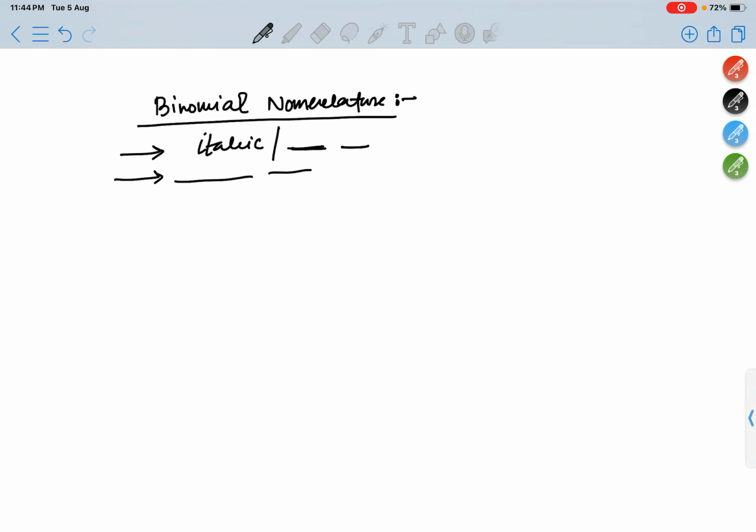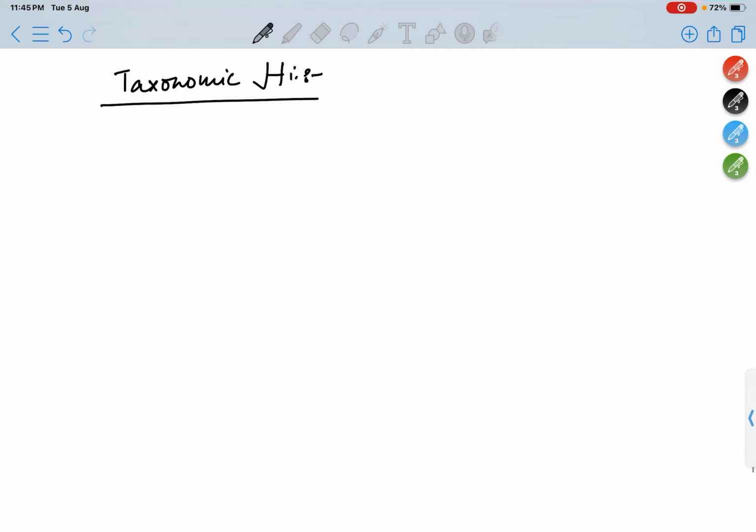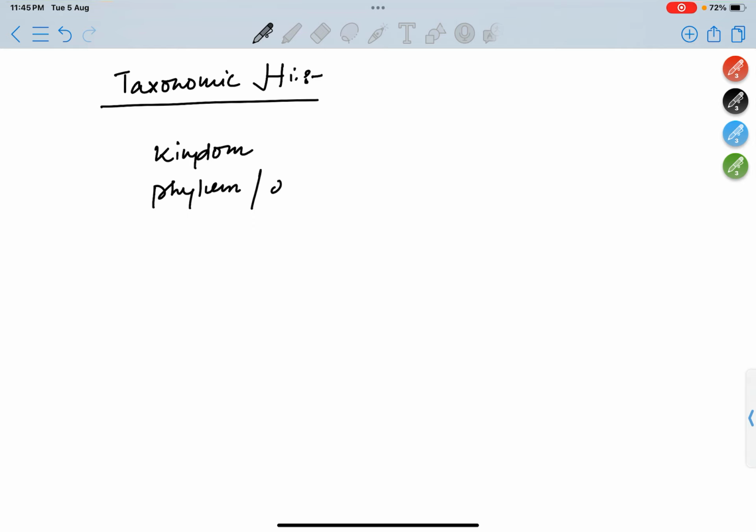Now the thing you should know is the taxonomic hierarchy. So I'll give you a mnemonic, that's why I'm telling you this. First is kingdom, then phylum or division.